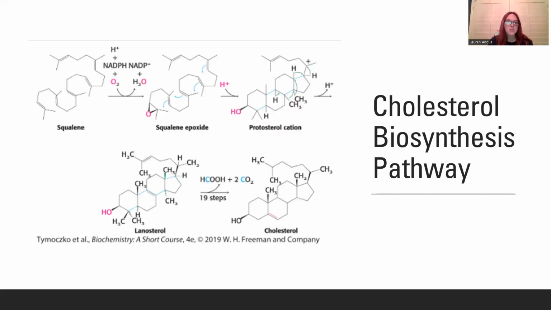And then squalene will eventually turn into cholesterol throughout all of these intermediates as well. So there's a huge long process for cholesterol synthesis to occur, and cholesterol synthesis mainly occurs in the liver.